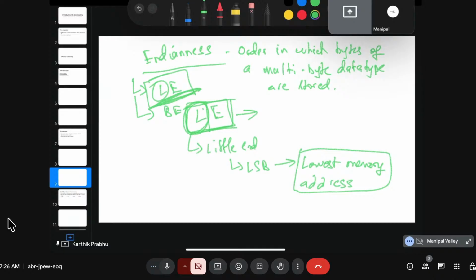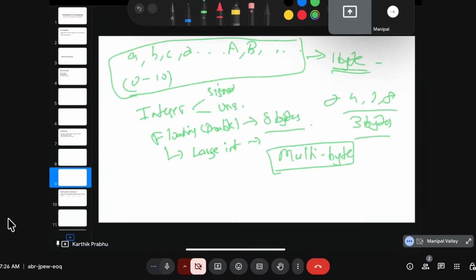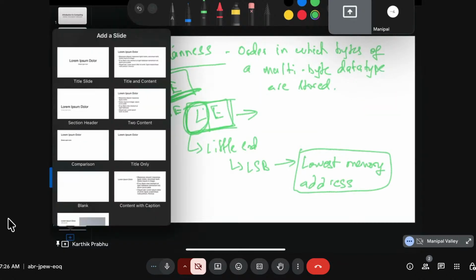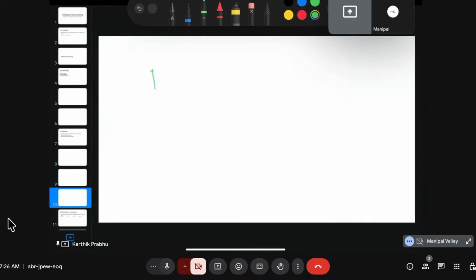If you have an array representation of memory, as you increase the bytes, say as you increase your number, let's say you have a number 1 0 1 0 1 0 1 0. If you increase the number, you want to go to the next slot in memory, right? If you make this 0 into 1, you want to go into the next slot.